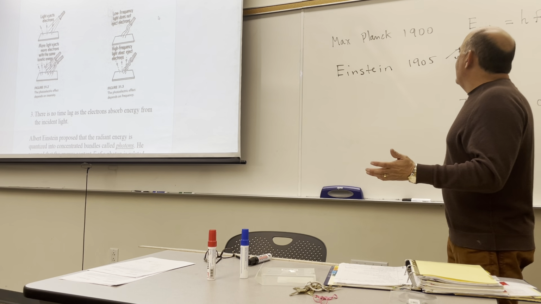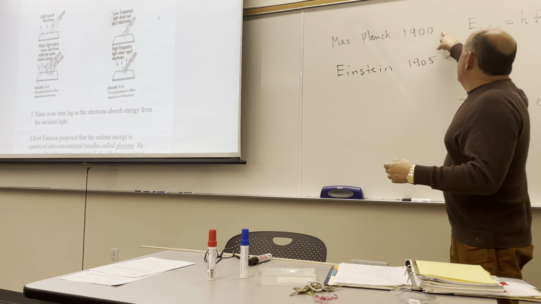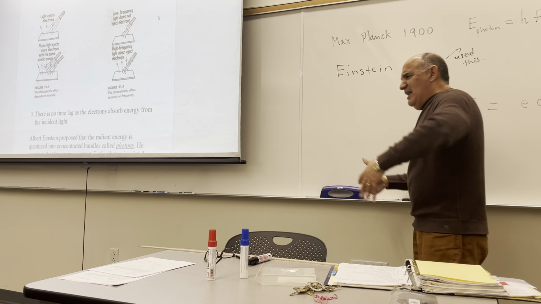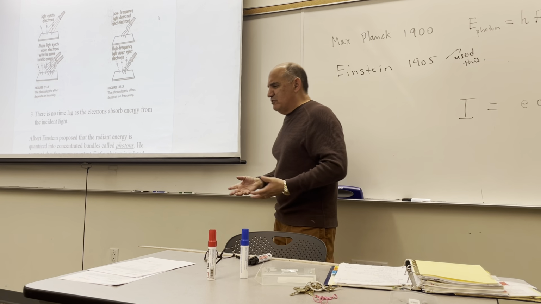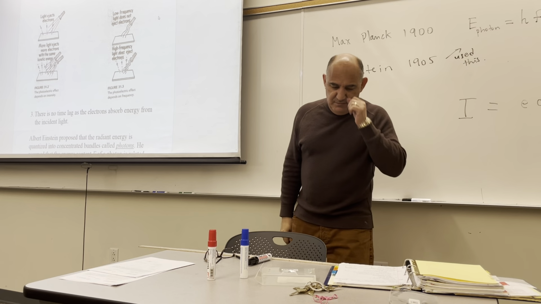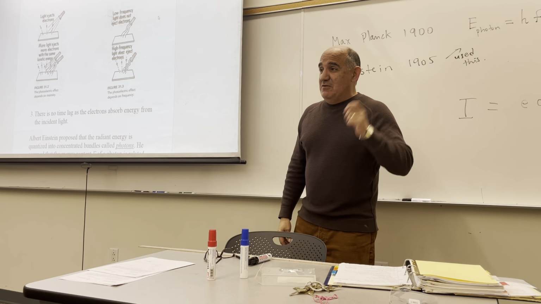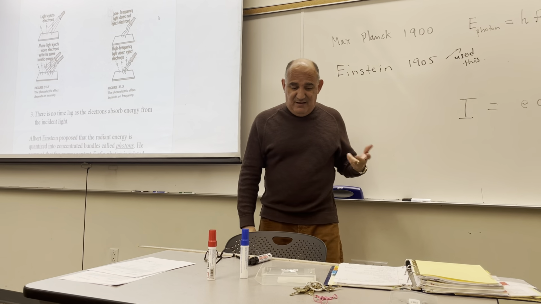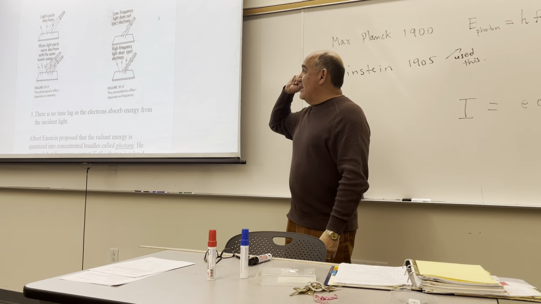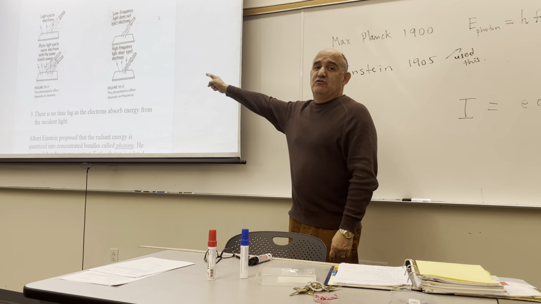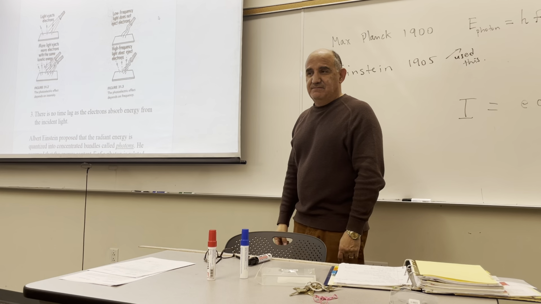So, we can accept that something is going on with the emission process, but to claim that light by its own nature is quantized into these particles, you're wrong. But he used that way of thinking, that theory, to explain every single feature associated with the photoelectric effect.